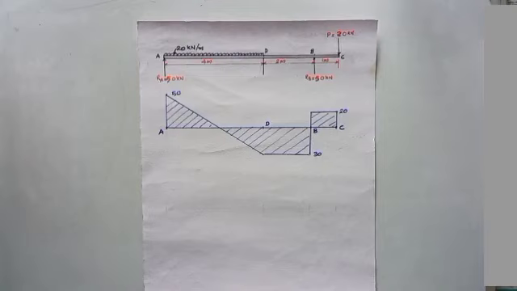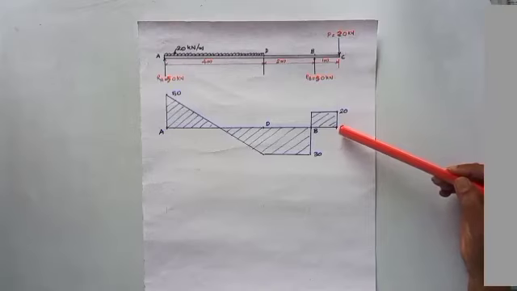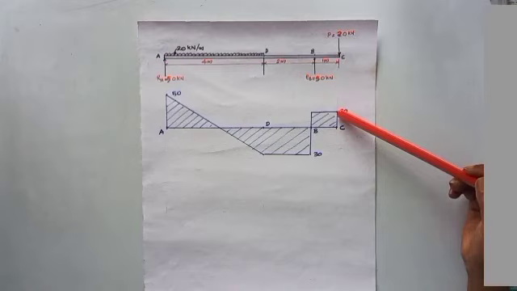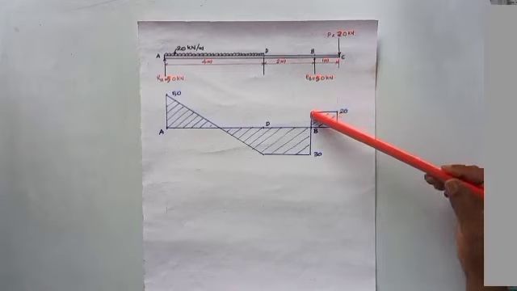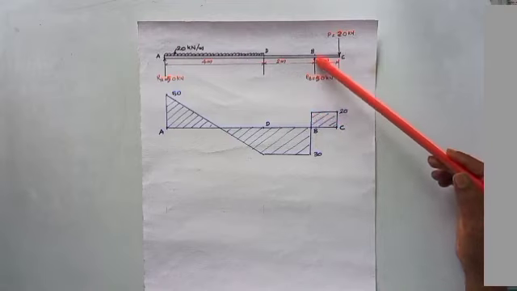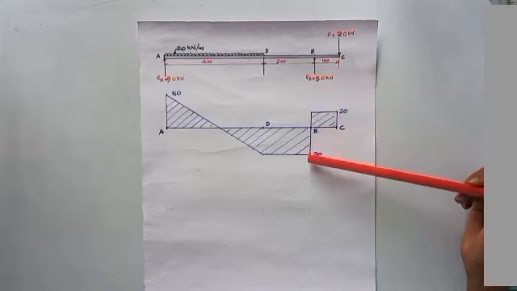I have drawn the shear force diagram according to the values of shear force at each point. Here the shear force is initially 0, and because of the point load it is increasing to 20 kilonewton. Then that value will be the same up to point B, and here there is reaction of B, so the shear force value is coming down to minus 30.